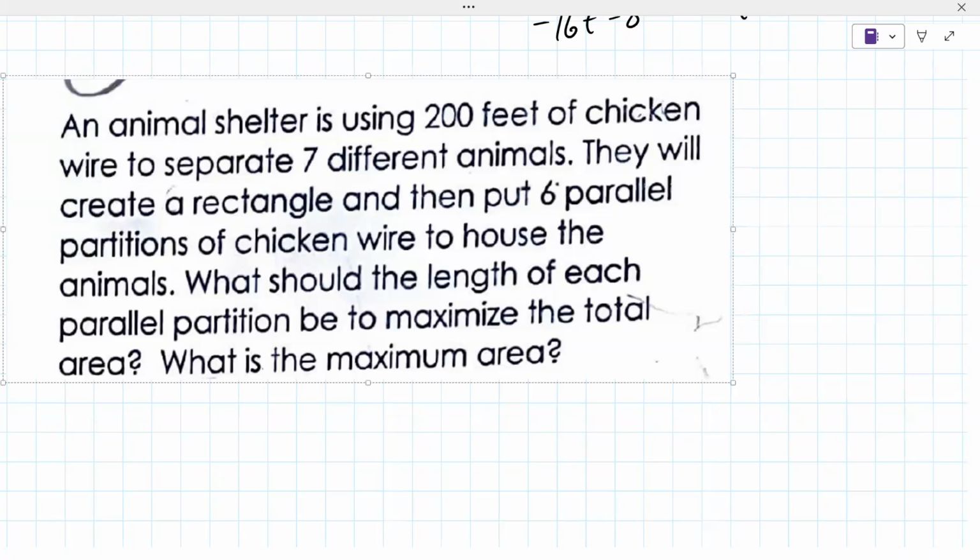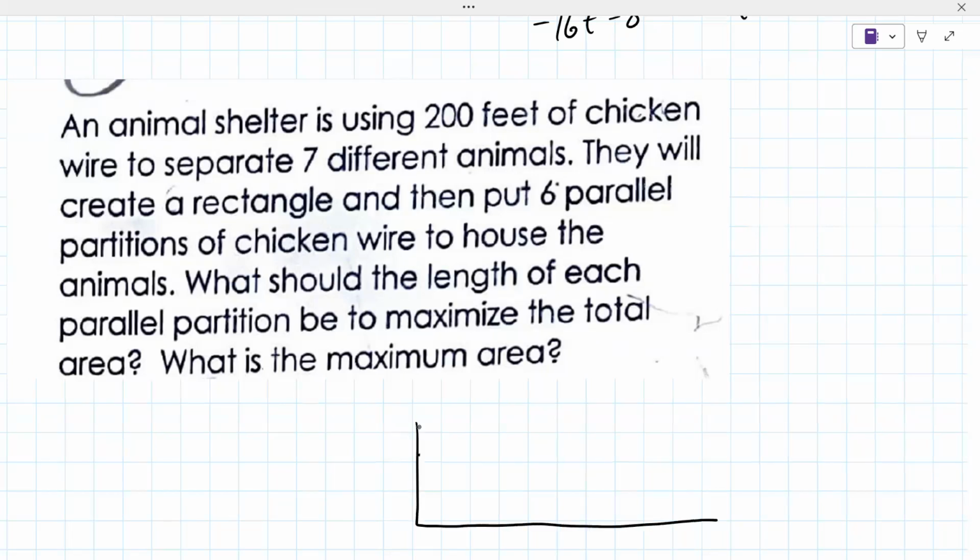Okay. Let me know when you're ready for us to look at this one. Yeah, I'm ready. All right. So the drawing's the critical thing here. There are 6 parallel partitions.